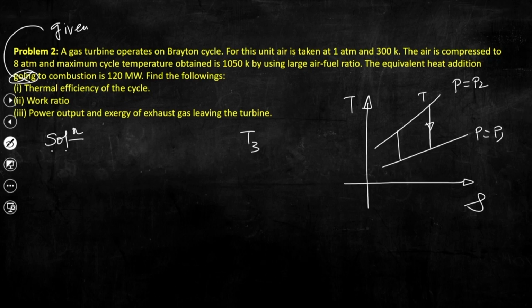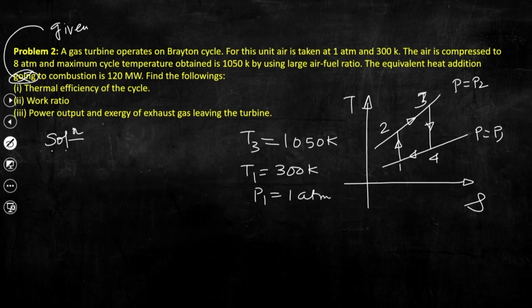So, these are the states 1, 2, 3, 4. T3 is given, that is the maximum temperature, 1050 Kelvin, T1 equal to 300 Kelvin, P1 equal to 1 atmospheric pressure, and it is also given that the air is compressed to 8 atmospheric pressure. So, 1 to 2 is the compression process, we have discussed so many times.